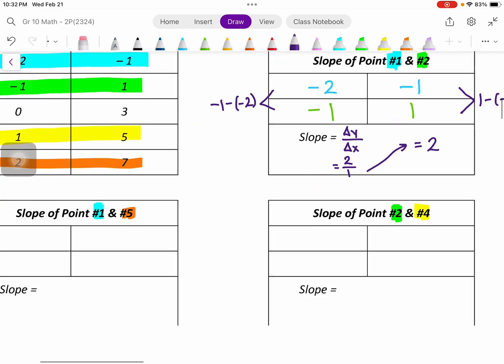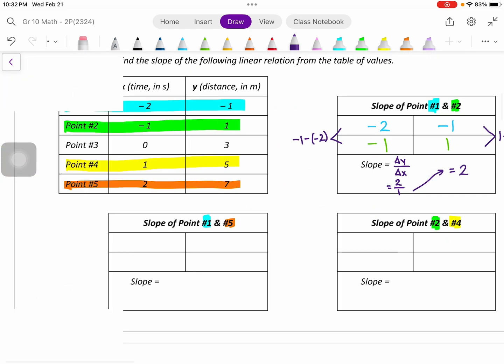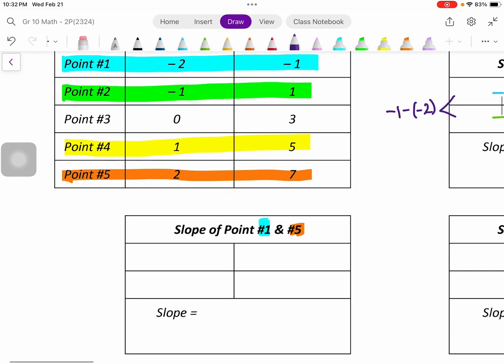So let's take a look at what happens when I use different points from my table. This one uses points 1 and 5. So we have negative 2 and negative 1 again. In the first one we used 1 and 2. We're going to use 1 still, but this time we're going to use 5 as our second point.